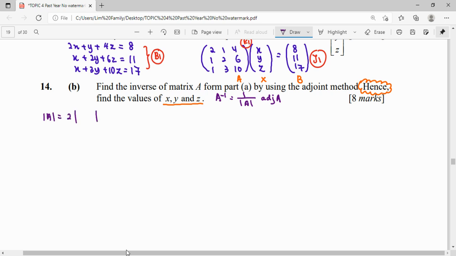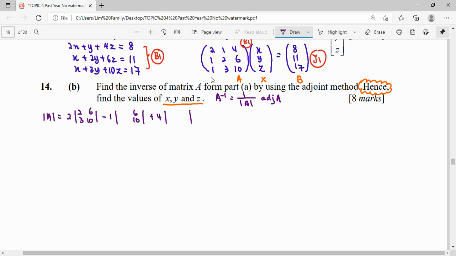So 2 minus, then element 1, 1, minus 1, 1, element 1, 2, minus, got negative, element 1, 3, minus. So when I do my minor 1, 1, I eliminate row 1, column 1, I will get 2, 6, 3, 10.